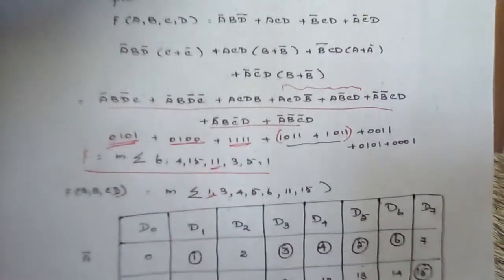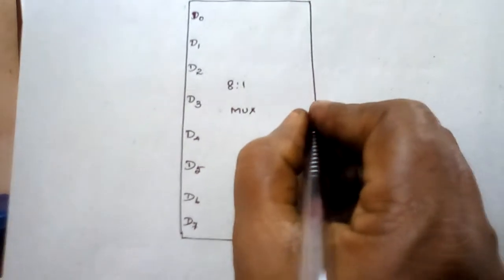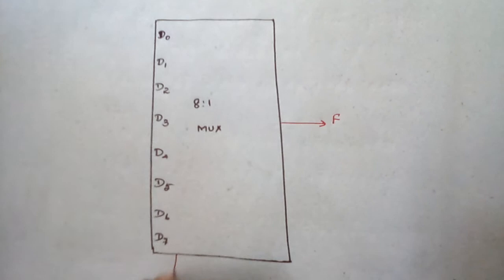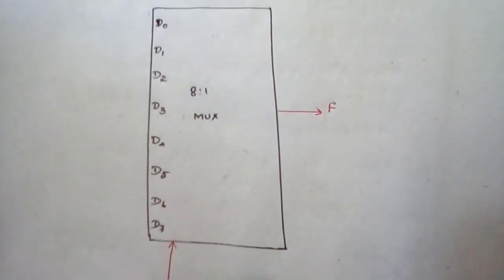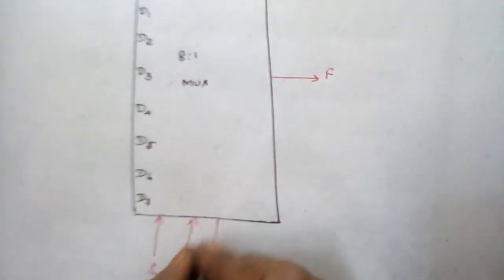And then we need to implement the 8 to 1 multiplexer. In the 8 to 1 multiplexer, I have provided this, okay? And in this, I have a function as f, and also I have the select inputs S0, S1 and S2.